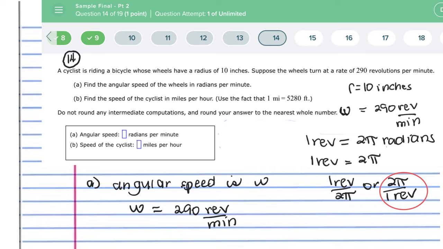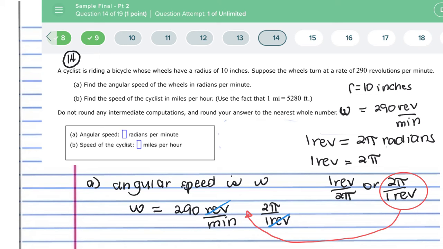I'm going to circle that one. By choosing that variation, the revolutions are going to cancel: the one revolution in the denominator will cancel with the revolution in the numerator.